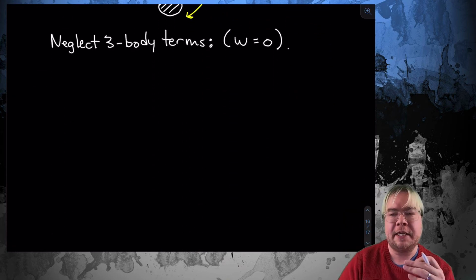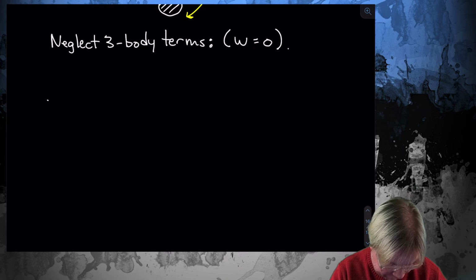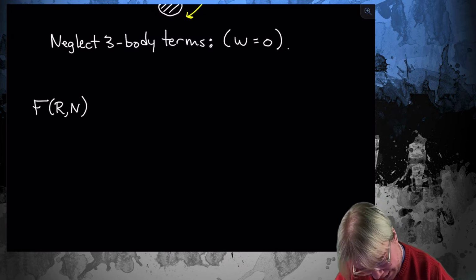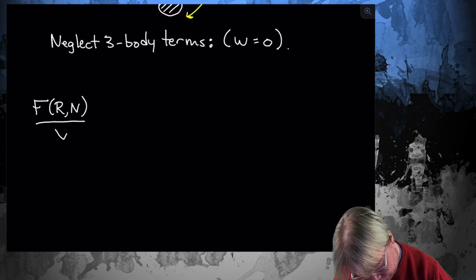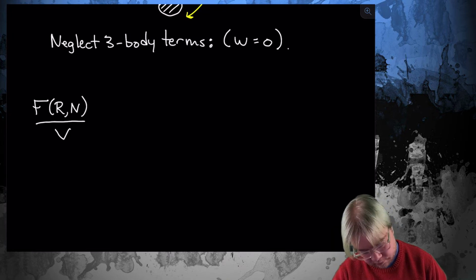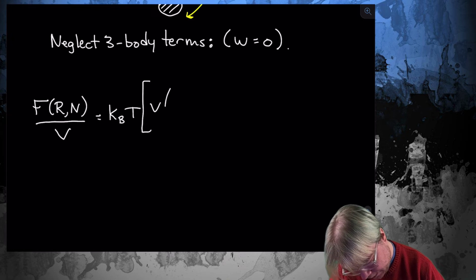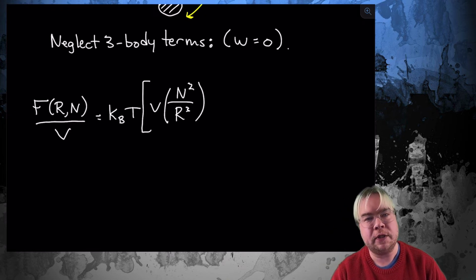If we neglect the three-body terms, then the free energy for a chain with size R and degree of polymerization N, normalized by the volume, will be kBT times v times N squared over R cubed. That's going to be the interaction term.